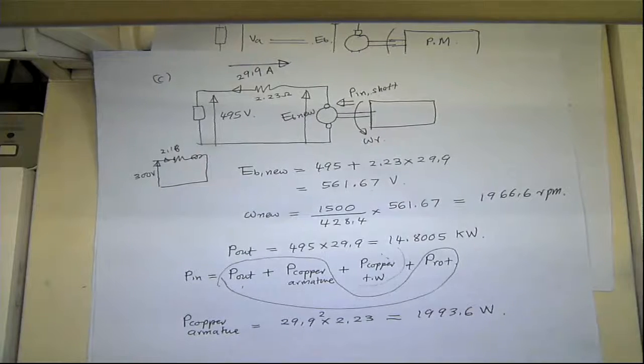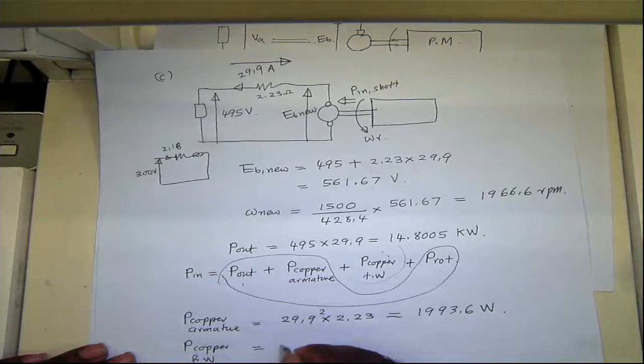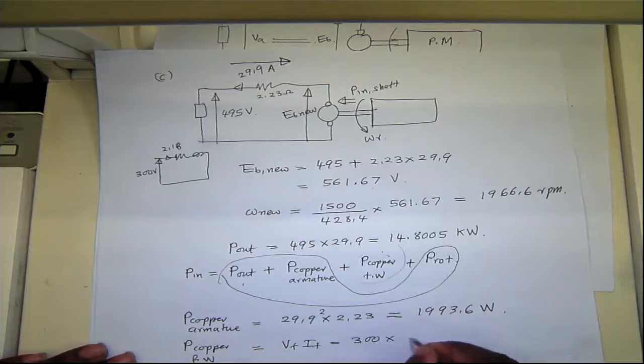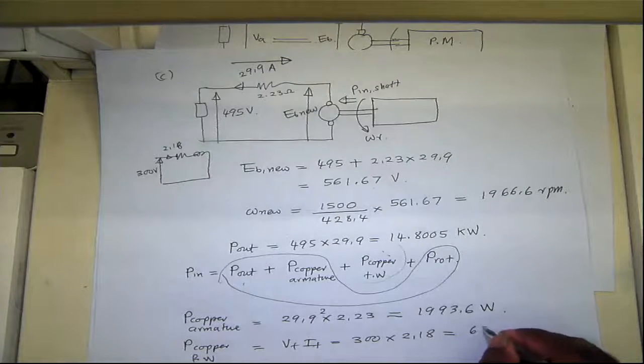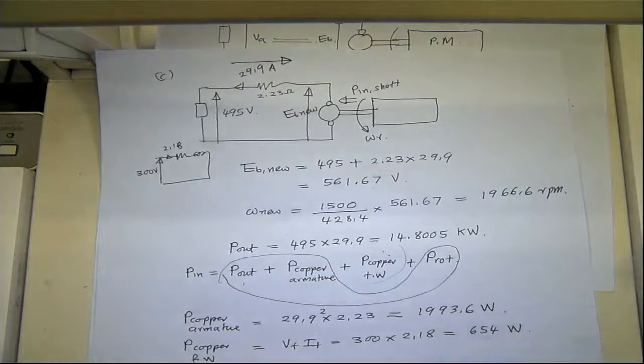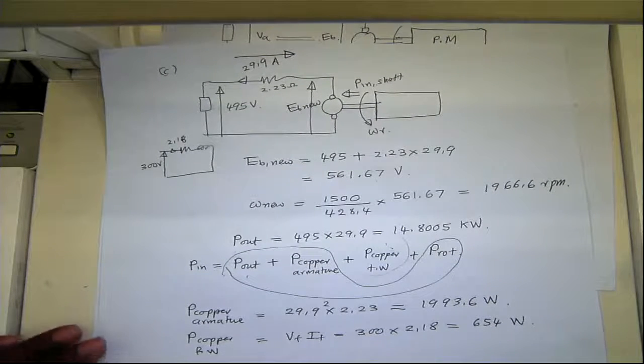And the field winding copper losses, that's VF IF, which we calculated before as well. That's 300 times 2.18, which is 654 watt. And the rotational losses, we assume it scales linearly with speed.